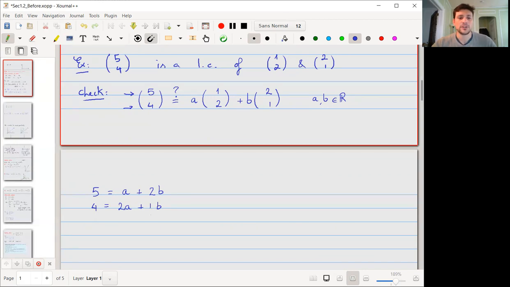And then I need to solve these. This is a linear system of two equations in two variables. If you solve it, you'll find that there is a solution, and the solution is a equal to 1 and b equal to 2.